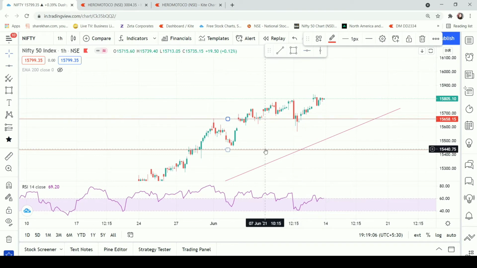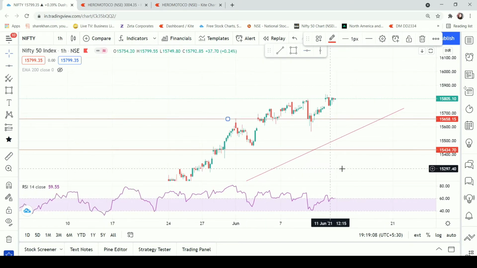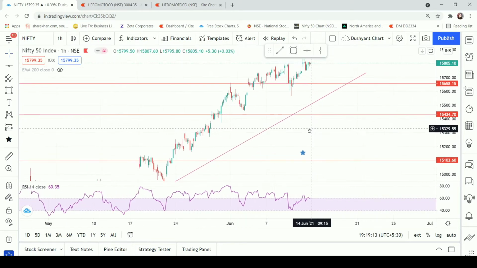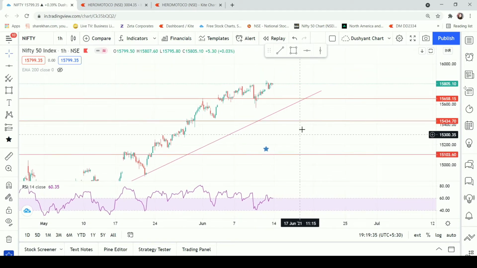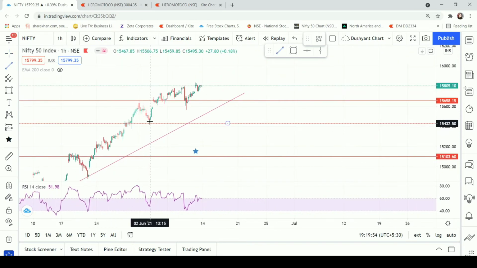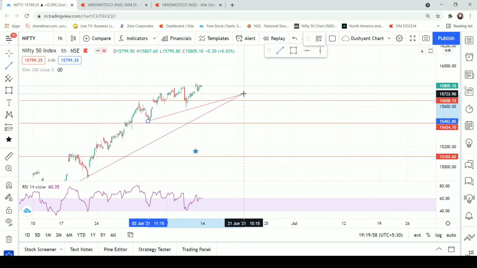But it's not good. So the second one is to draw the trend line. At least two swings should be combined. So you can find it here, this one, right?